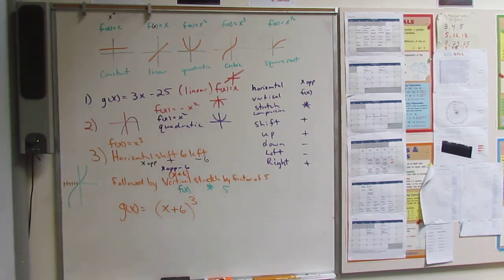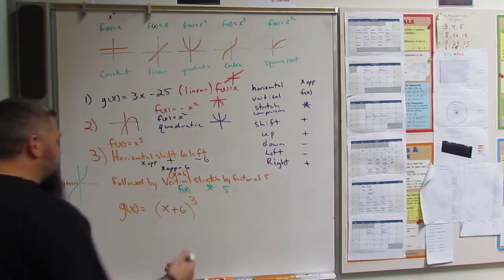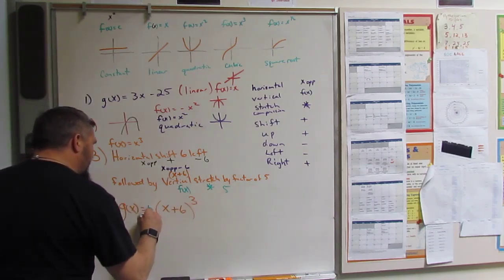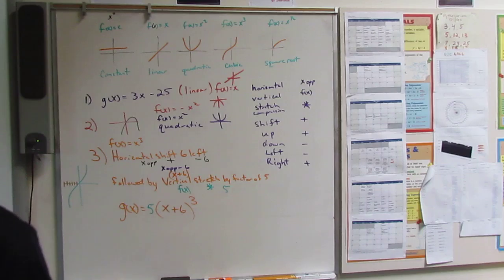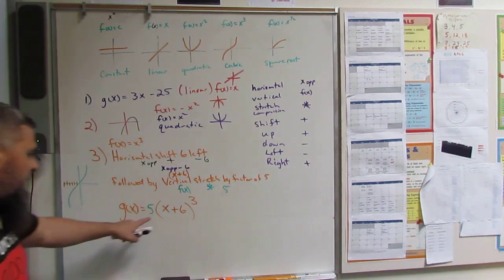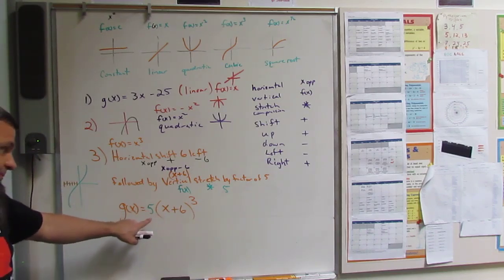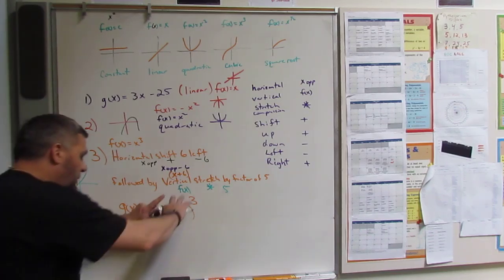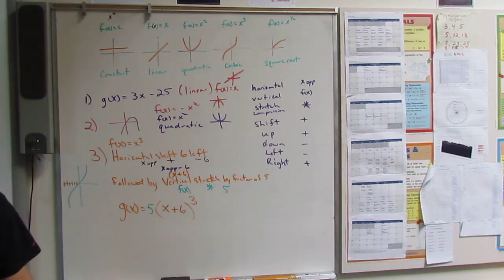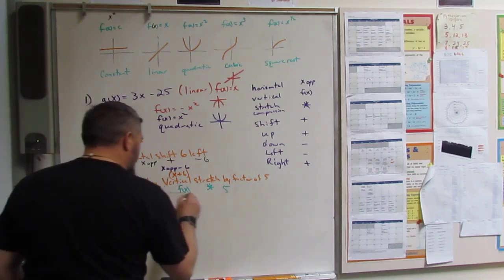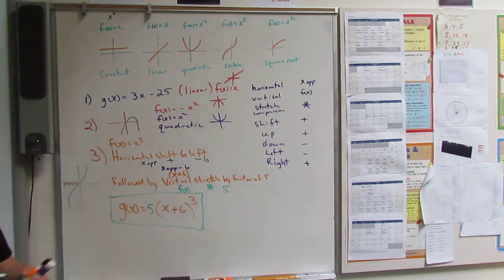This isn't OPP. This is the whole function. So I just take this whole function and multiply it by 5. When you multiply, it goes in front. When you add or subtract, it goes on the back. If I was multiplying x, it'd go in front of x. If I'm multiplying the function, it goes in front of the function. The whole function. And then that's your g of x right there.